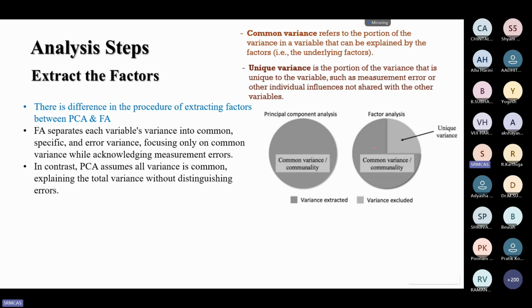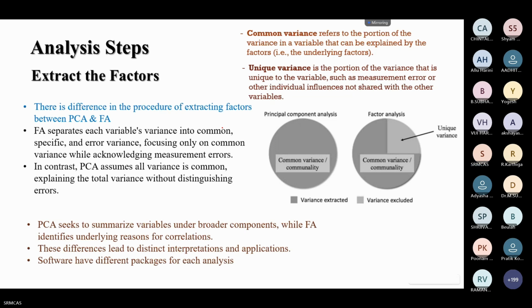So PCA seeks to summarize variables under broader components, while factor analysis identifies the underlying reason for correlations. These differences lead to distinct interpretations and applications, and software also has separate packages for each analysis.